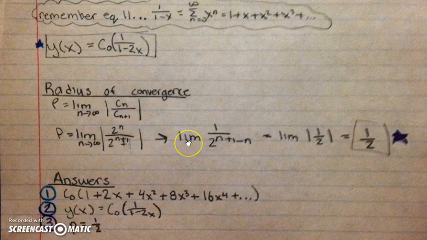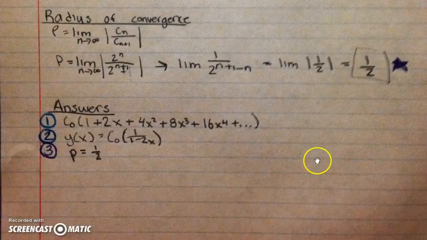Put it over here, and we end up with something we've learned before. You have the limit as n approaches infinity of 1 over 2 to the n plus 1 minus n, which just gets us 2 to the 1, which equals 2. So you have the limit as n approaches infinity of the absolute value of 1 over 2, which gets us 1/2.